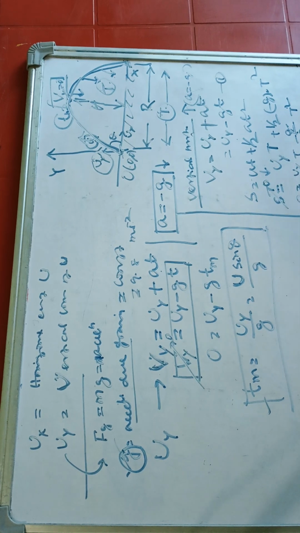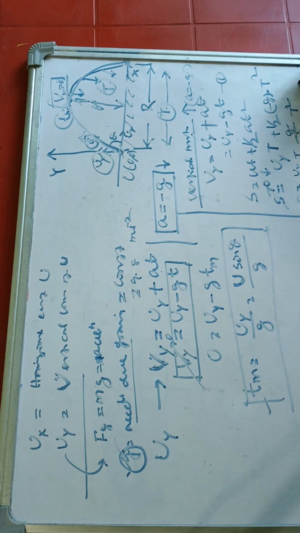Now dividing by t on each side, we get t is equal to 2uy by g.